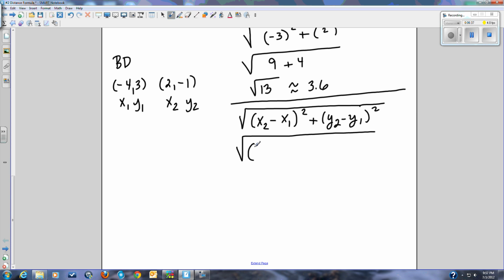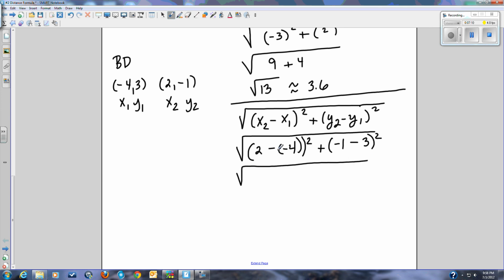We're going to start with x2, which is 2, minus x1, which is -4. y2 is -1, minus y1, which is 3, and that's all squared.